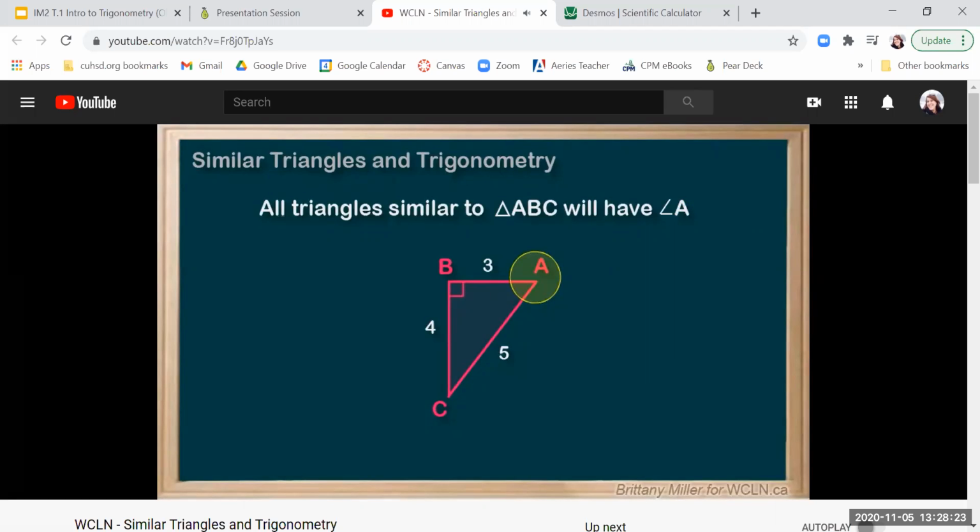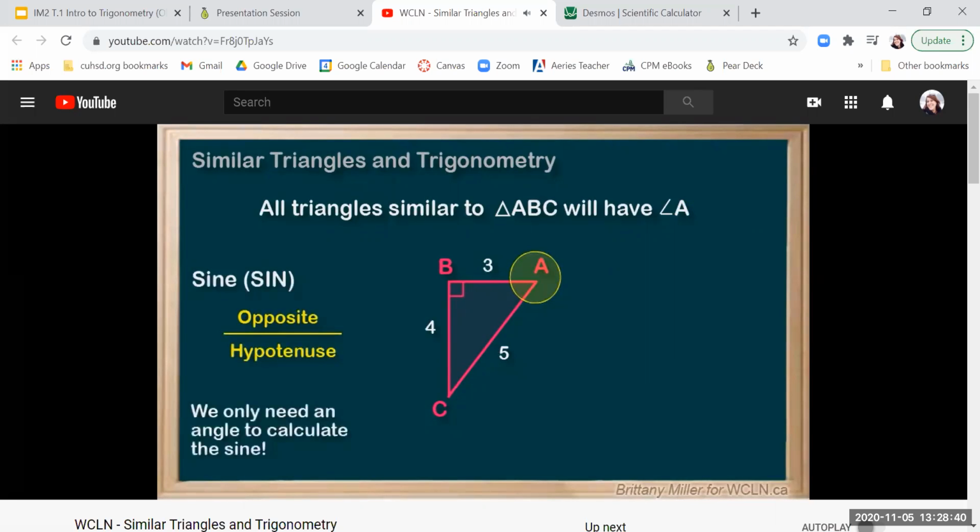Well, that ratio of the opposite side to the hypotenuse is important enough that we gave it a name, the sine of an angle. You may have seen the sin button on your calculator before. We only need an angle to calculate the sine because the ratio of the opposite side to the hypotenuse is the same for all right triangles with that angle.